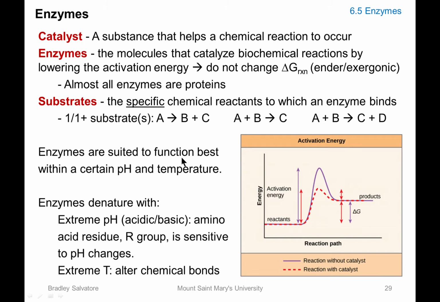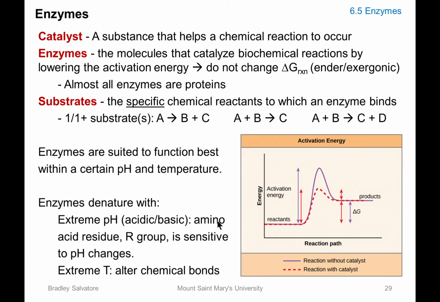Like we talked about before, proteins are very sensitive to pH and temperature. Enzymes are proteins, thus they are sensitive to pH and to temperature. At extreme pH, either too acidic or too basic, the amino acid residues, basically referring to the R groups, will be deprotonated or protonated. What that means is they will lose an H or gain an H, hydrogen ions.